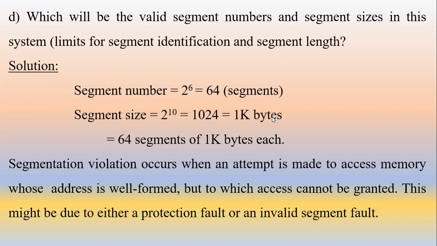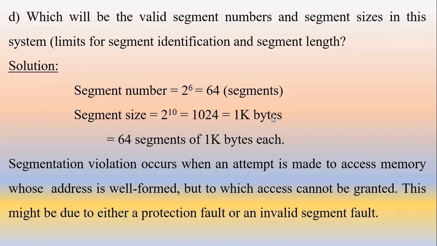Number D, which will be the valid segment numbers and segment sizes in this system. That is limits for segment identification and segment length. The solution is to get the segment number. The segment number we have seen is 6 bits. So 2 raised to the power 6 gives us 64 segments.